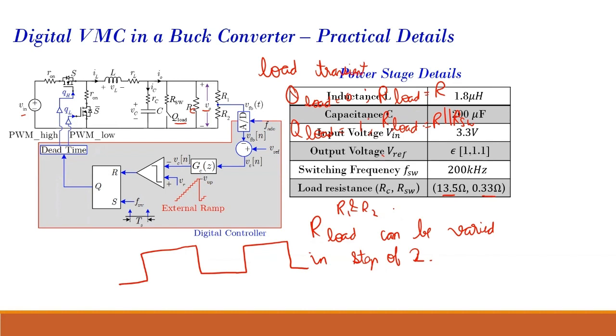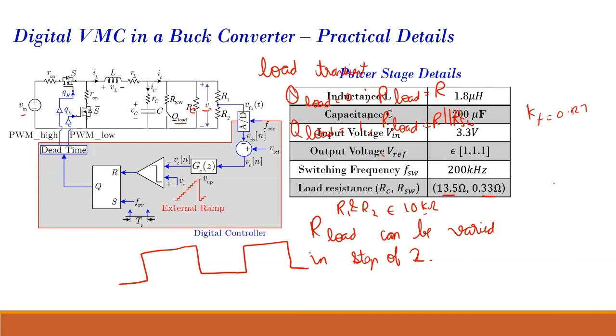R1 and R2 will be in the range of 10 kilo ohm, 10 into 10 to power 3 ohm. Both are equal, sir? No, I don't think they are equal because the gain KF is around 0.127 or something. So they are not equal, but they'll be in a certain range.